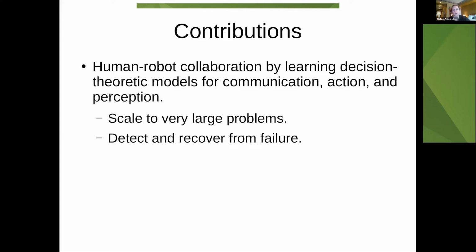Because they're decision theoretic models, which represent the robot's goal and not just its plan for achieving the goal, it should be able to detect and then recover from failures to understand, either physically by trying a different physical plan or socially by asking questions using dialogue. And last, by combining these abilities together, the robot will be able to improve from experience, get better over time as it collects more data about the person and about what words mean.